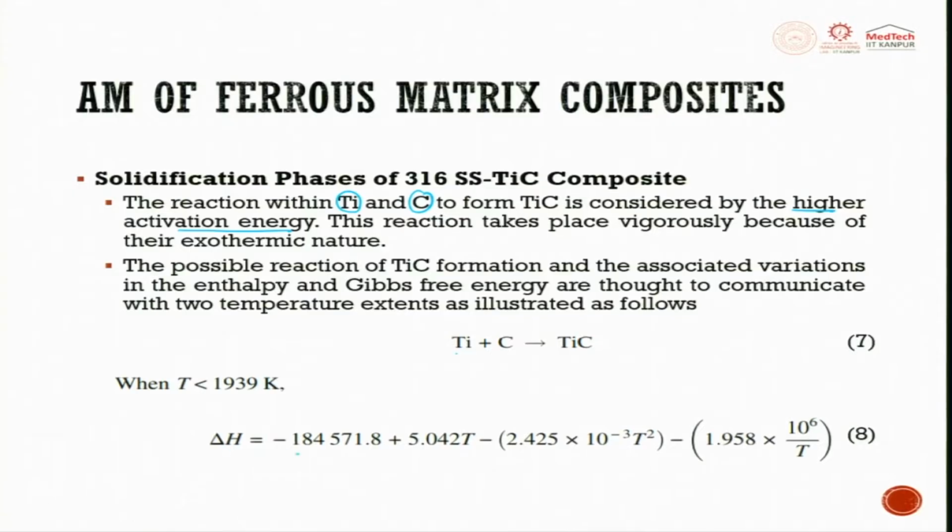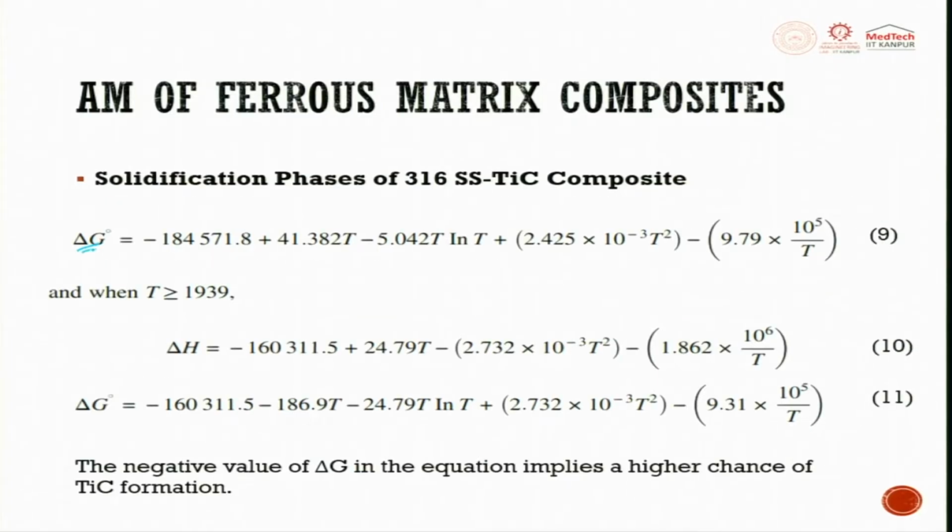So, delta H is written in this form, and delta G, the Gibbs free energy, is written again in this form. When T is greater than or equal to 1939, you can see the delta H enthalpy and Gibbs free energy change. The negative value of delta G, Gibbs free energy, in this equation implies a higher chance of TiC formation.